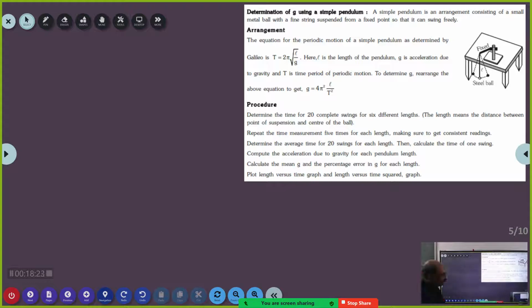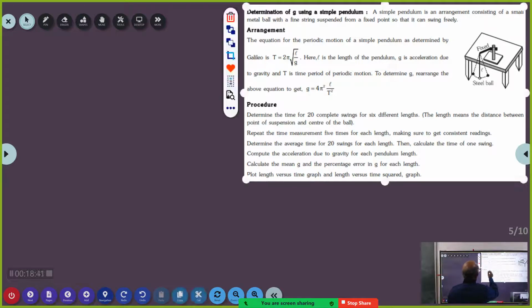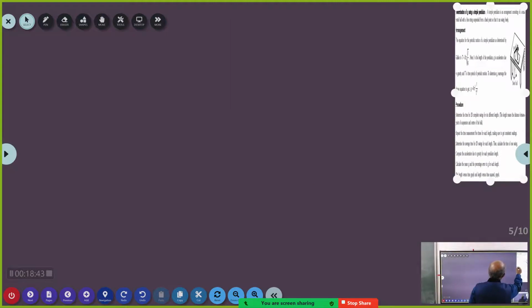Or what did you do in the laboratory? Come on, everybody speak up now. What did you do in the laboratory exactly? What was the aim of the experiment that you conducted? Don't read this. What was the aim of the simple pendulum experiment?